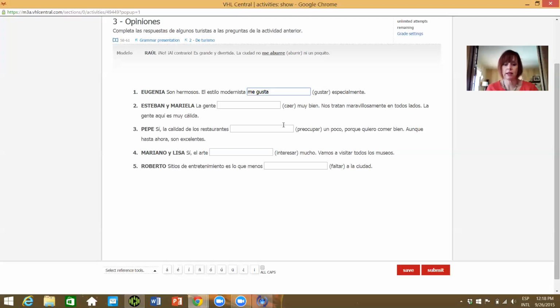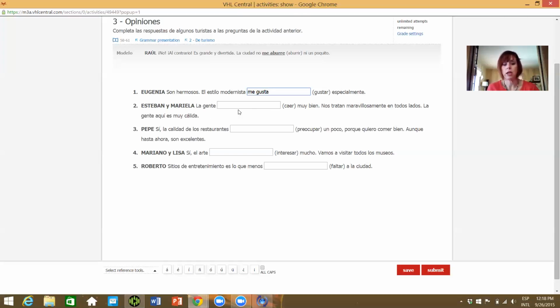So where it's talking about gente and caer muy bien, it's saying get along well with people. Okay, and Esteban and Mariela are talking. All right, and we know that they're the ones that are talking because then here it says, nos tratan maravillosamente en todos lados. La gente aquí es muy cálida. They treat us marvelously or great everywhere. The people here, they're very warm.